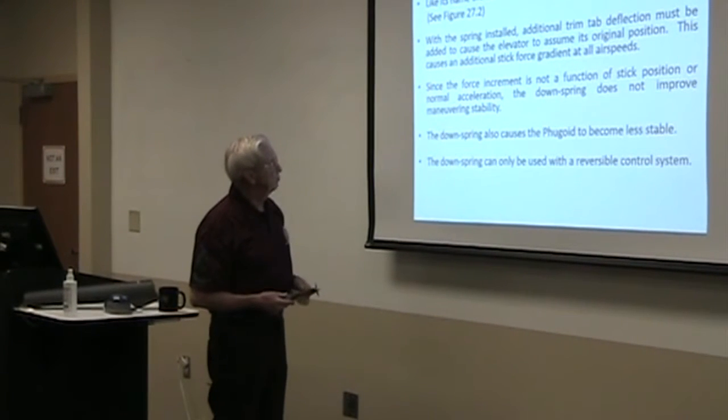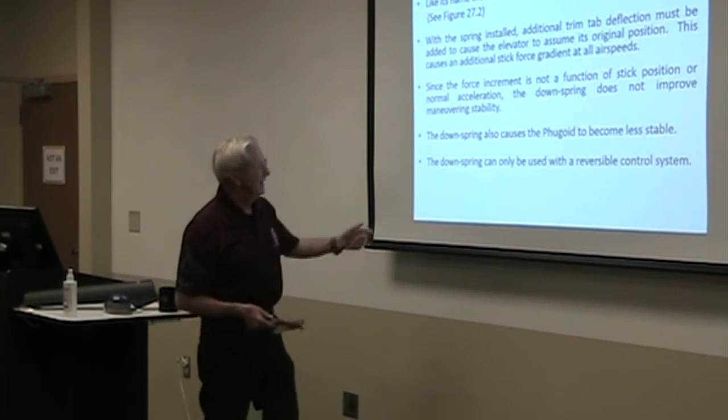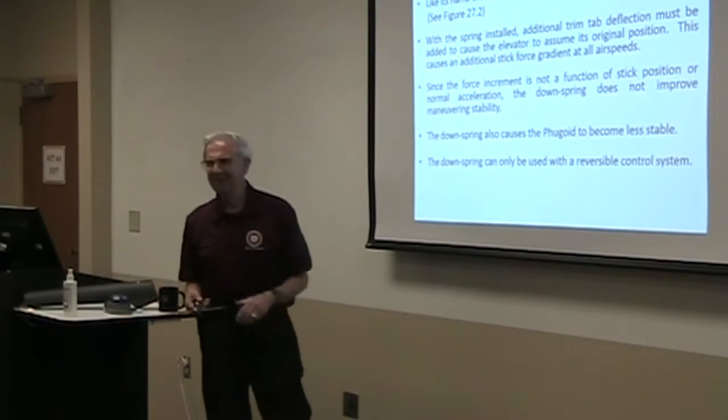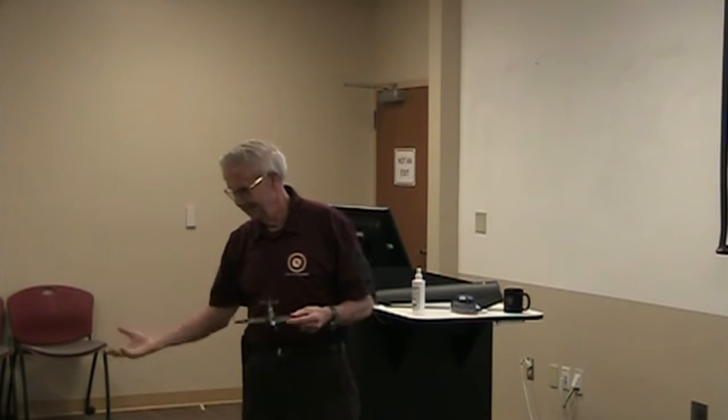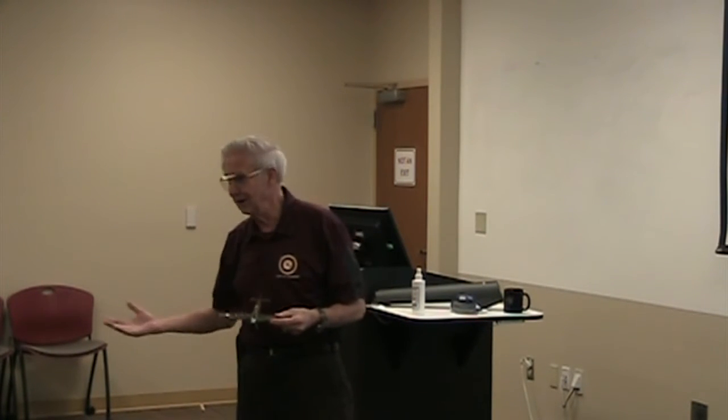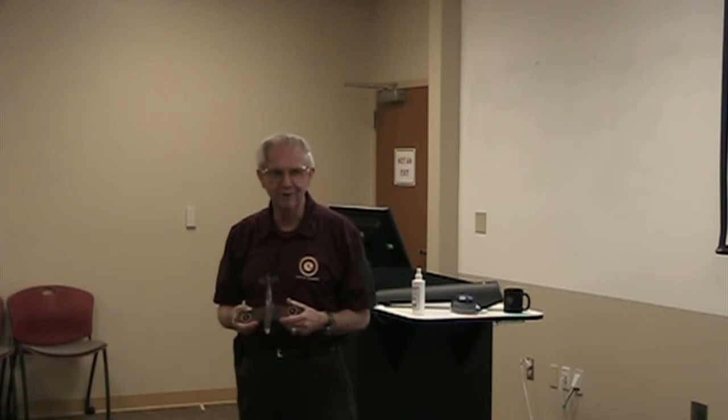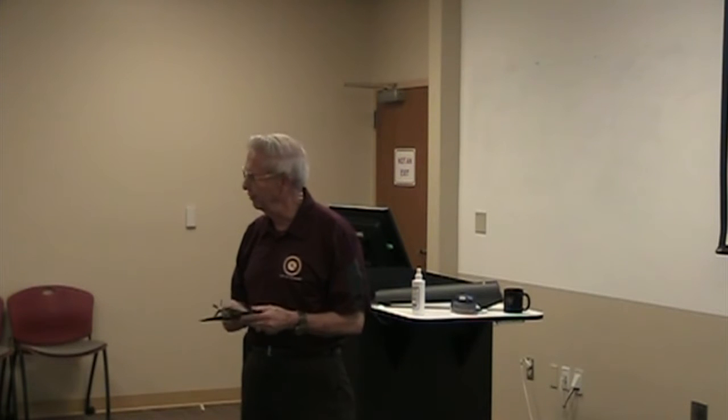So it doesn't improve maneuvering stability. And it makes the phugoid go bananas. Okay, you may have a stable phugoid. Again, there's no requirement, go read the rules, no requirement for the phugoid to be stable in the FAA regs, still today.